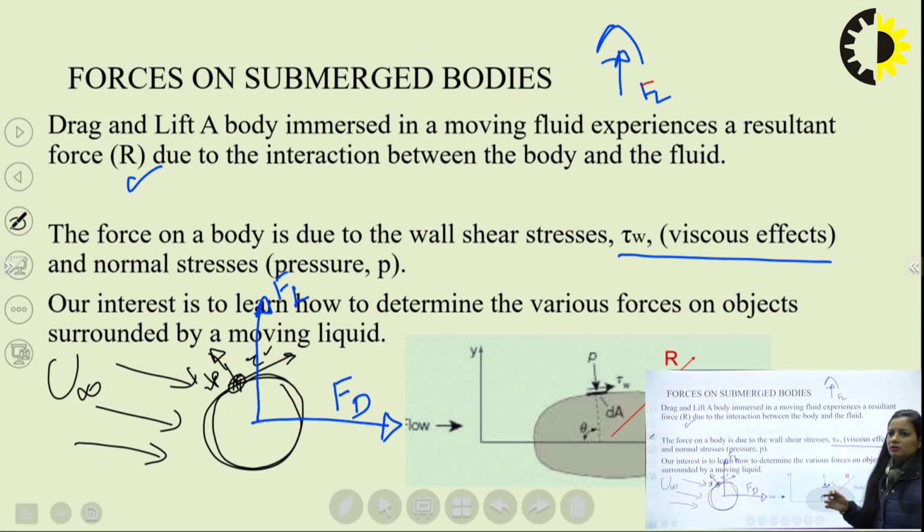When the fluid has some viscosity and comes in contact with an object, it forms a boundary layer over the object. Because of the boundary layer and the interaction between the particles, this kind of shear stress acts. And the normal stress is simply pressure due to the weight of the fluid. Our interest is to learn how to determine the various forces on objects surrounded by a moving fluid.